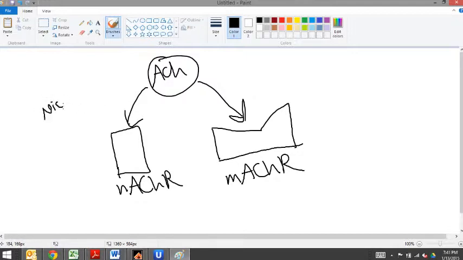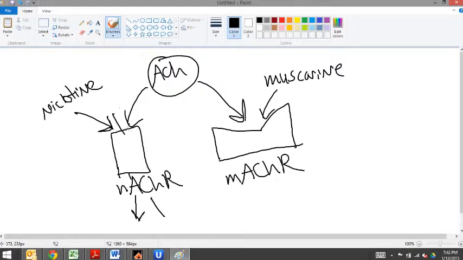Likewise, you can have things like nicotine bind to the nicotinic receptor, and you can have muscarine bind to the muscarinic receptor, but acetylcholine can activate either of these. And when acetylcholine activates the nicotinic acetylcholine receptor, you're going to get free flow of ions in and out of the cell. You guys are probably sick of seeing this by now, but so it goes. So you can get free flow of ions. That's the nicotinic acetylcholine receptor.